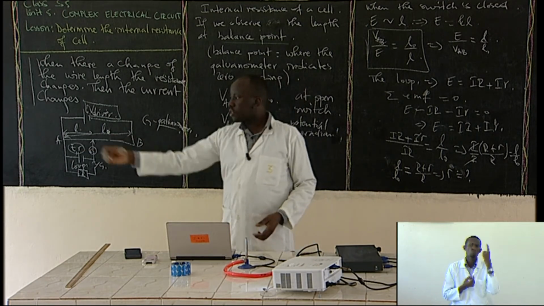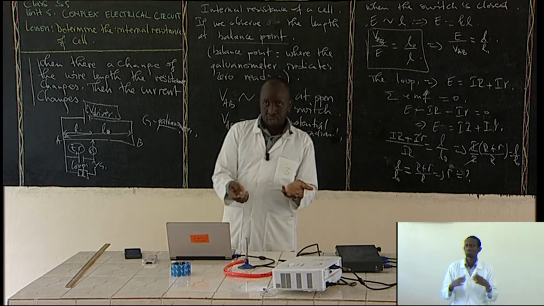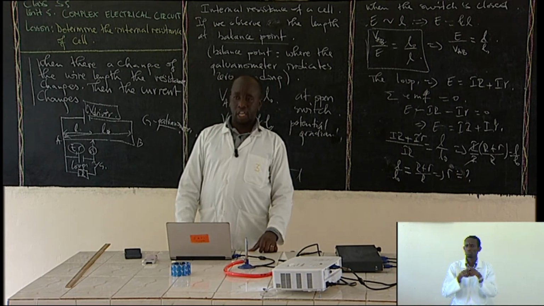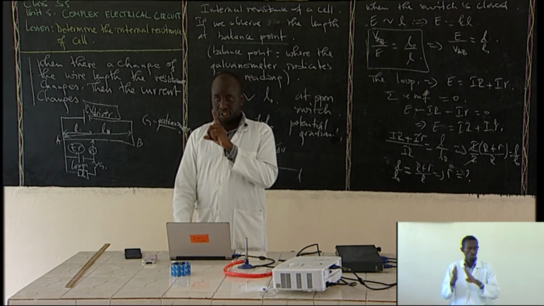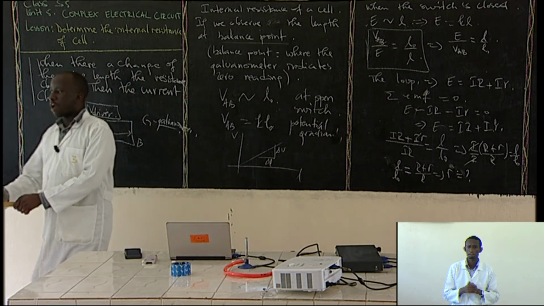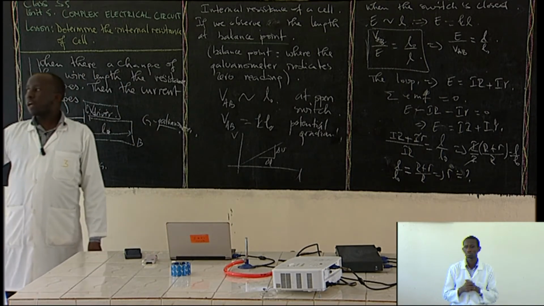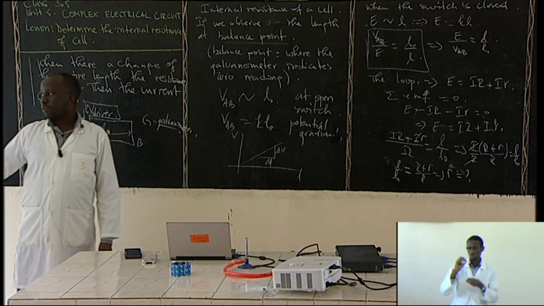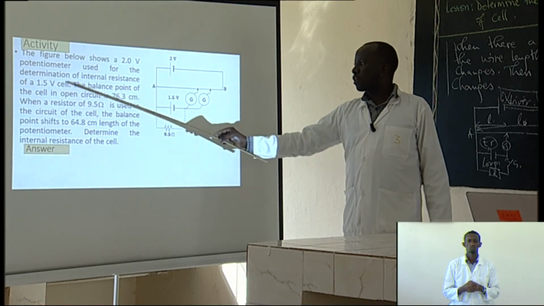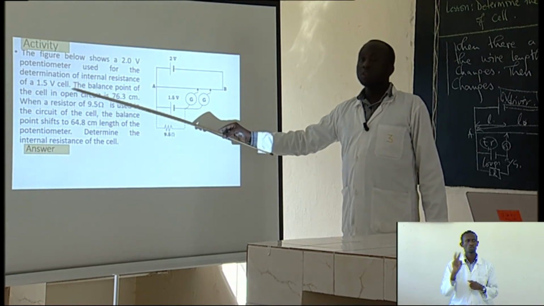You have this, and you have this one also, but they are all leading to the same answer. So let's have a quick example. This is an activity. The figure below shows a 2.0 volt potentiometer used for the determination of internal resistance of a 1.5 volt cell.